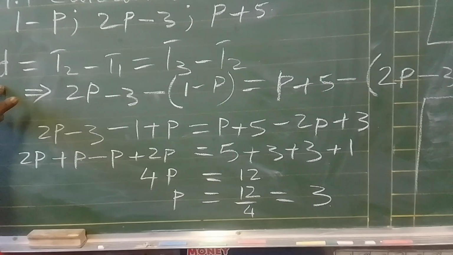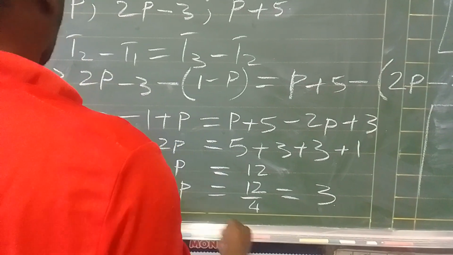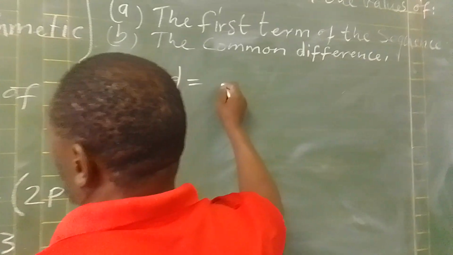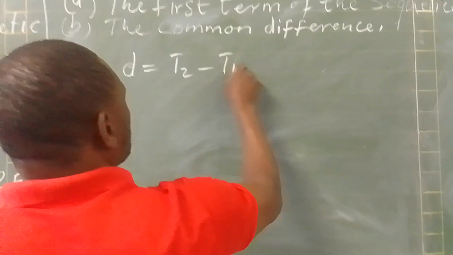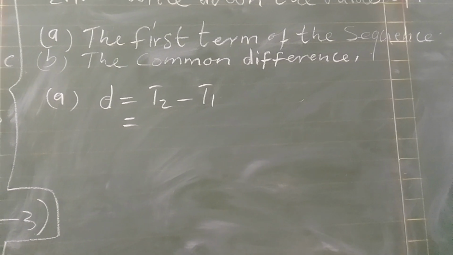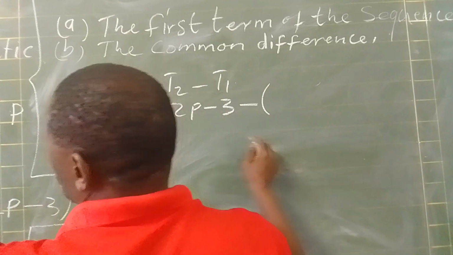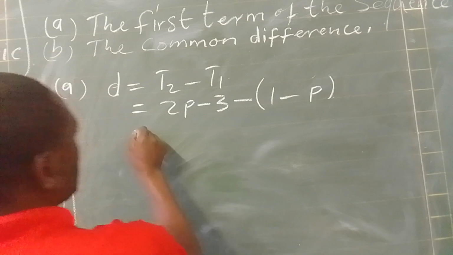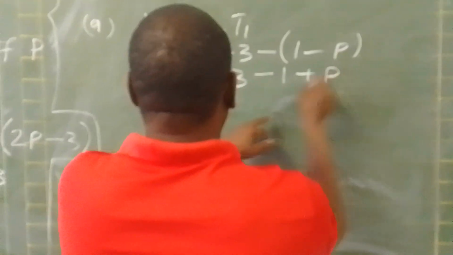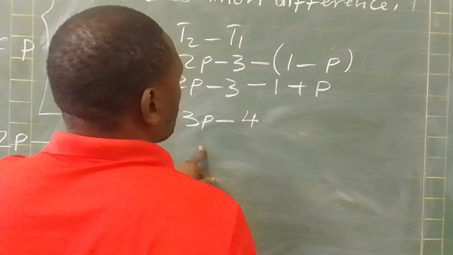Our common difference is going to be T2 minus T1, where T2 is 2P minus 3 and T1 is 1 minus P, which is 2P minus 3 minus 1 plus P. We have 2 plus 1, which is 3P minus 4.